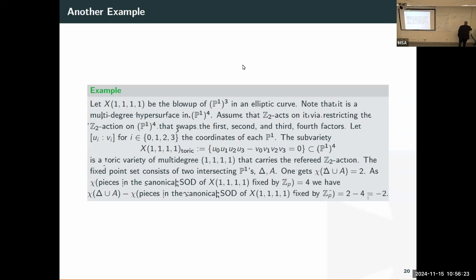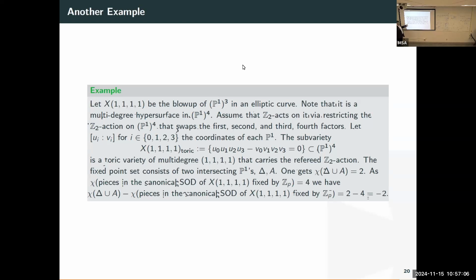So if I have this block of P1 plus P1 plus P1 in an elliptic curve, what we are asking is, can this be done Z2-equivariantly? And the invariant that I have just introduced, which tells you the combination of this fixed point sets of symbols and the atoms, tells you that this cannot be G-rational, it's not Z2-rational, because of the fact that this number is not equal to zero, indeed.